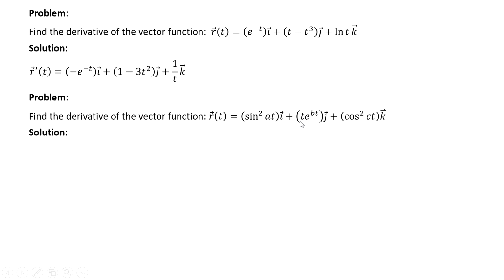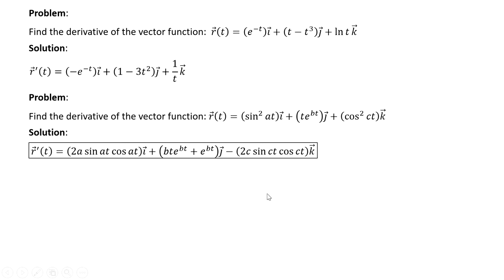Oh, you better apply product rule. t times e to the bt times b plus e to the bt times 1. Cosine squared ct: 2 cosine ct times negative sine ct times c. Just a little difficult, but nothing big deal. Would you agree? That's your r prime of t.